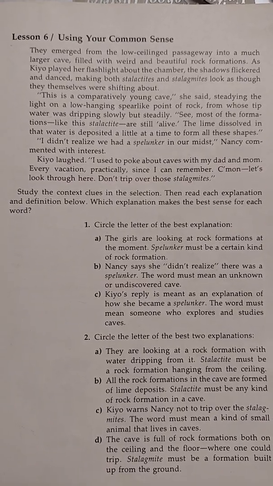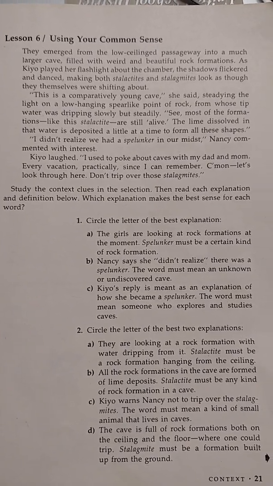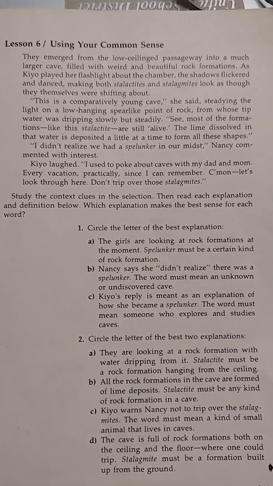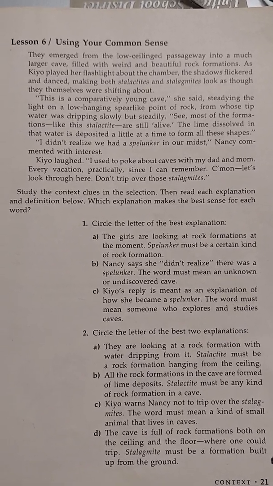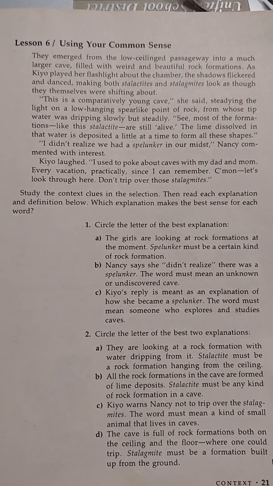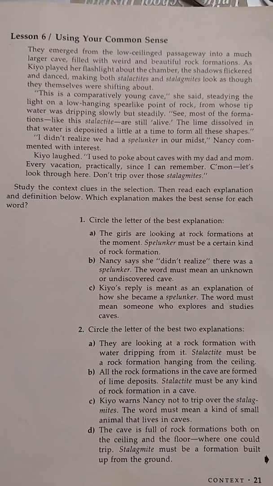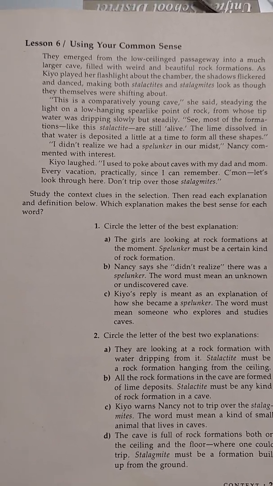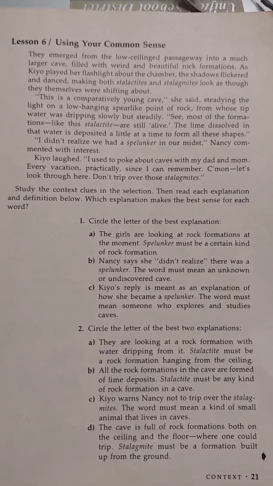"This is a comparatively young cave," she said, steadying the light on a low-hanging spear-like point of rock, from whose tip water was dripping slowly and steadily. Visualize. "See, most of the formations like this stalactite are still alive. The lime dissolved in that water is deposited a little at a time to form all these shapes."